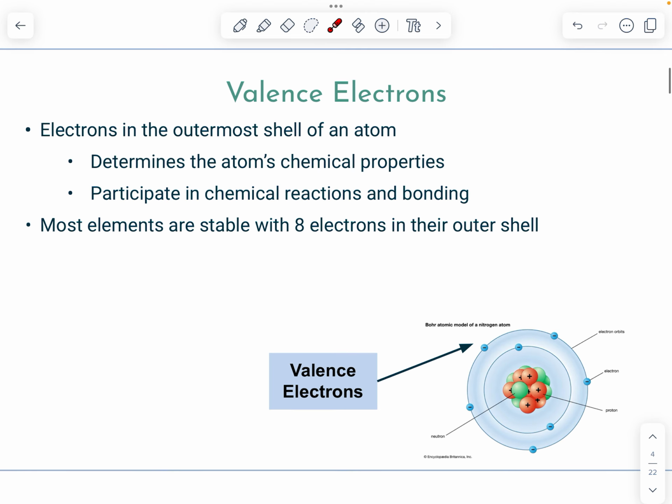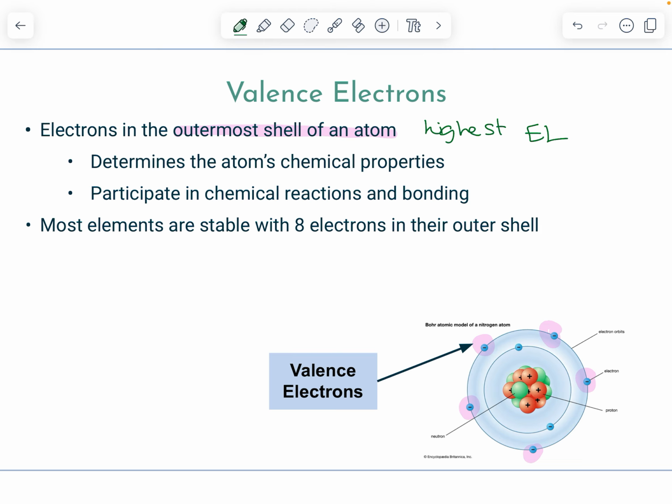So valence electrons are the electrons that are in the outermost shell of an atom. These electrons determine the atom's chemical properties. They participate in chemical reactions and bonding. And so we spend a good part of the beginning of our year talking about valence electrons. And so if we're looking at this nitrogen atom, we're only looking at the electrons that are on that outermost shell of an atom or in that highest energy level.